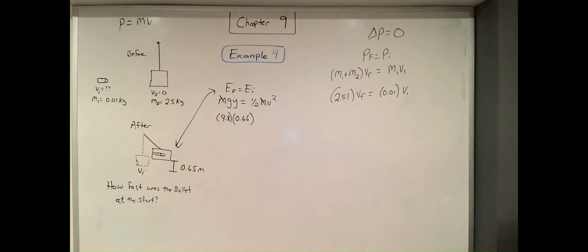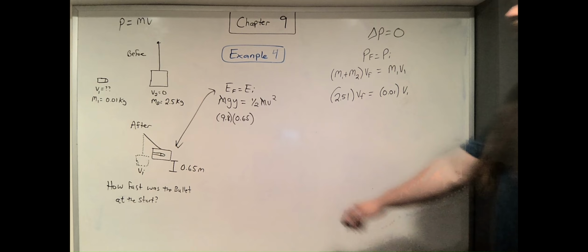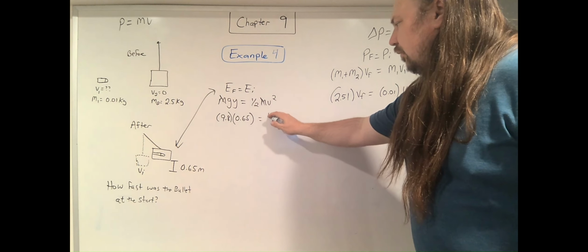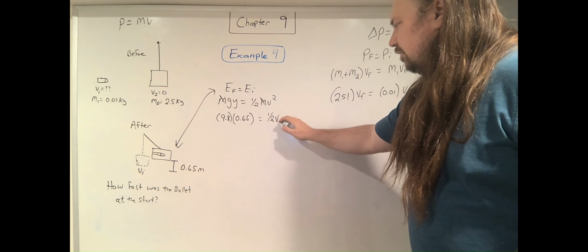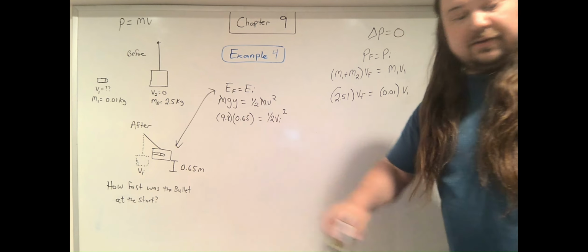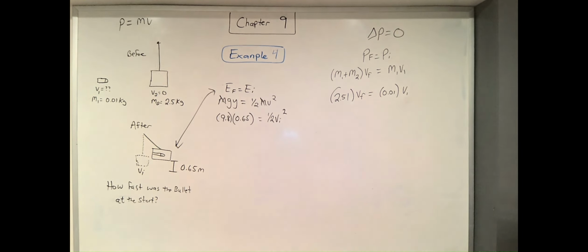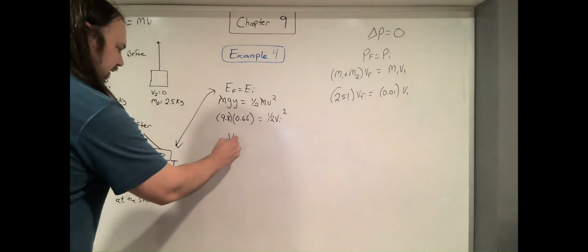And on the other side, I just have 1/2 V initial squared. And that's what I want to try and find here, the V initial. Okay. So if I plug that into my calculator, I'm going to end up with 3.57 for a VI.